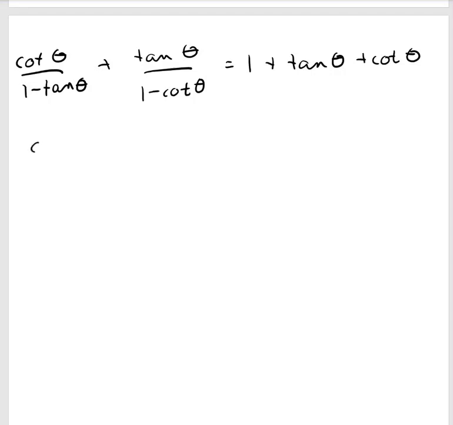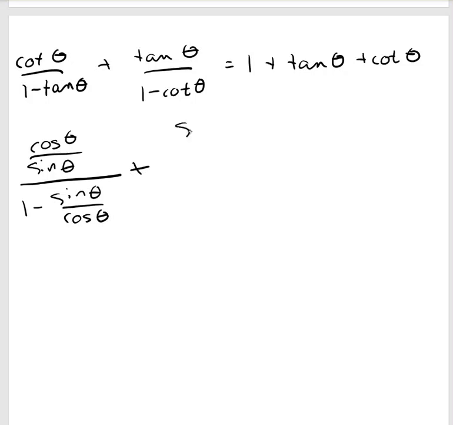So cotangent would be cosine of theta over sine of theta, and then 1 minus tangent, I have 1 minus sine of theta over cosine of theta, plus tangent again, so I have sine of theta over cosine of theta, and I have 1 minus, this now is cosine of theta over sine of theta.